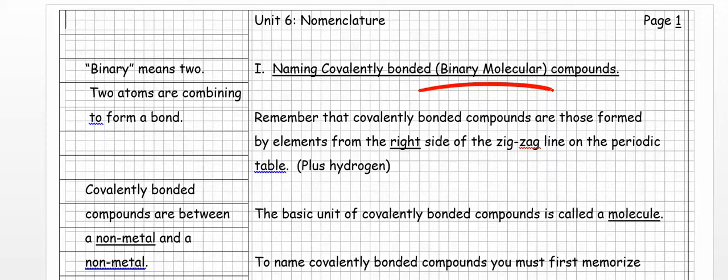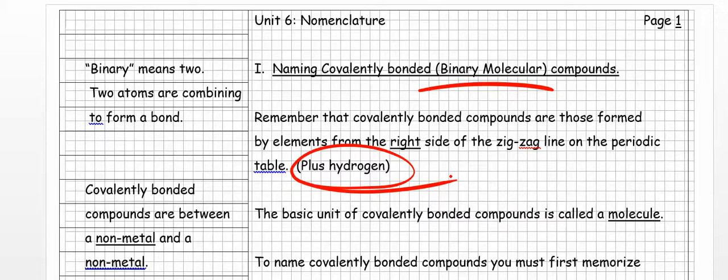Now, remember that covalently bonded compounds are those that are formed by elements from the right-hand side of that zigzag line on the periodic table, but we have to remember the exception to that rule, and that is hydrogen. Hydrogen is on the left side of the zigzag line, but for covalently bonded compounds, hydrogen is included. So hydrogen is part of a covalently bonded compound.